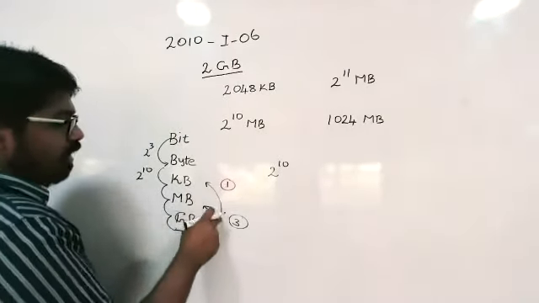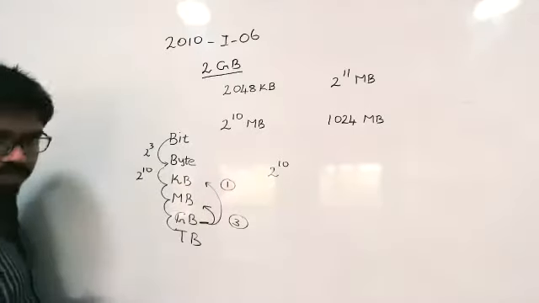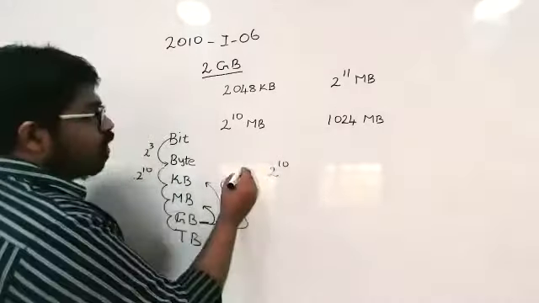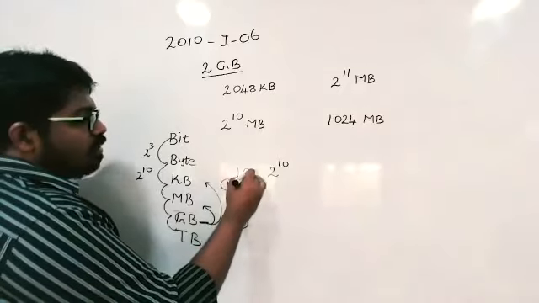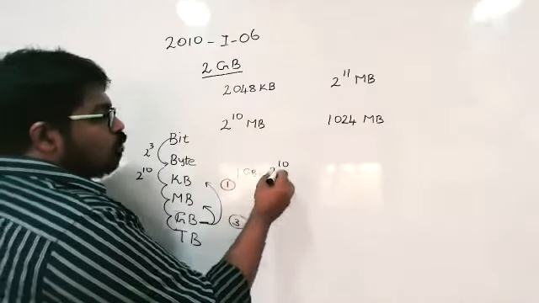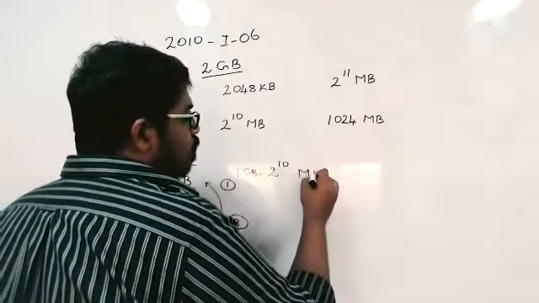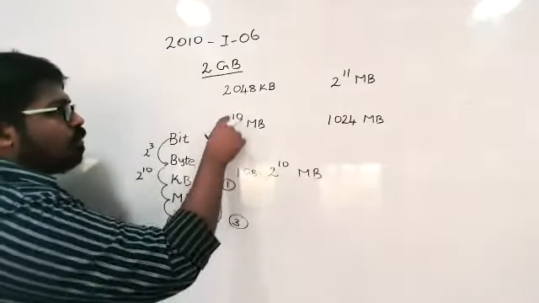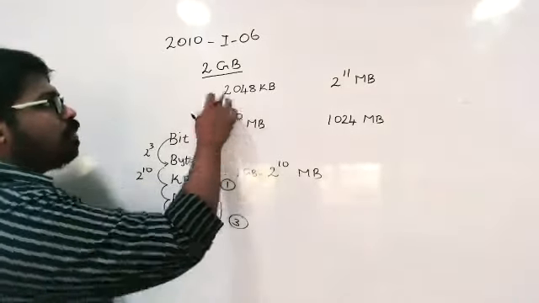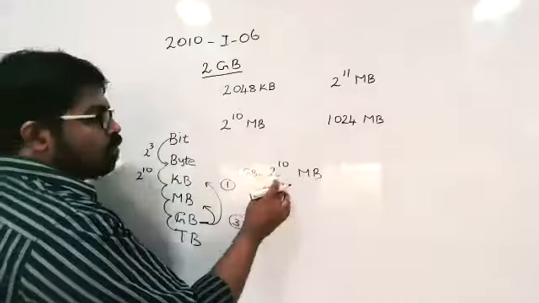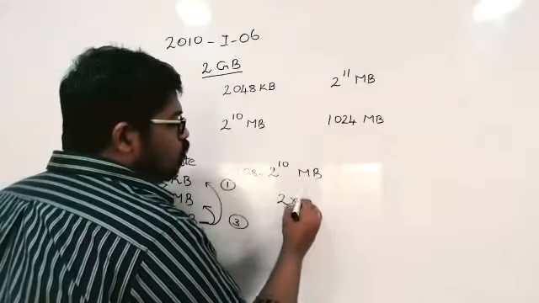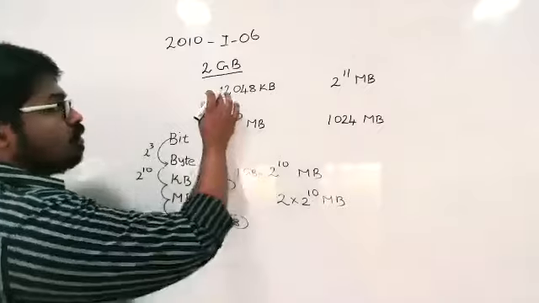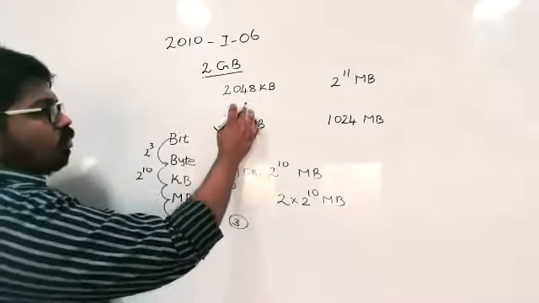So when we consider it in reverse, we have to multiply it by 2 to the power 10. When you have 1 GB, that will be equal to 2 to the power 10 MB. So 2 to the power 10 MB is the wrong option, because it is 2 GB. So 2 GB means 2 into 2 to the power 10 MB.